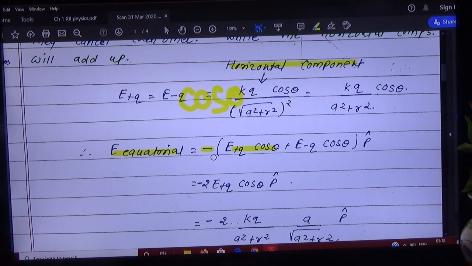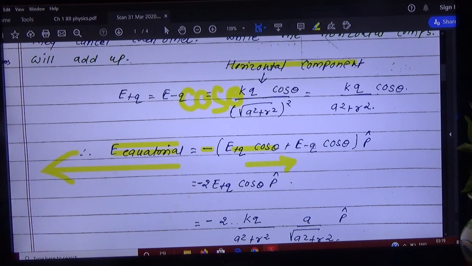Because we have seen that the E equatorial, this electric field at equatorial position, is towards left, which is in opposite direction of the dipole moment. Dipole moment is towards right, equatorial is towards left, so that's why this negative sign.